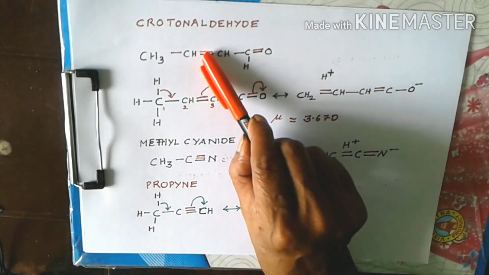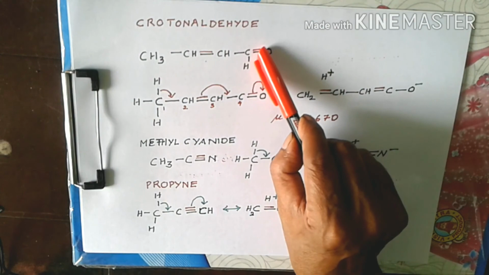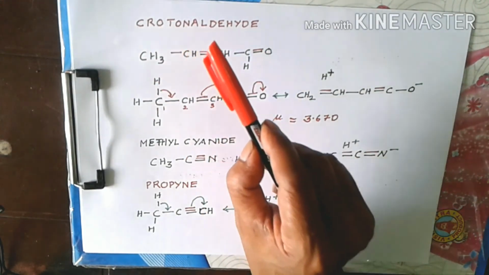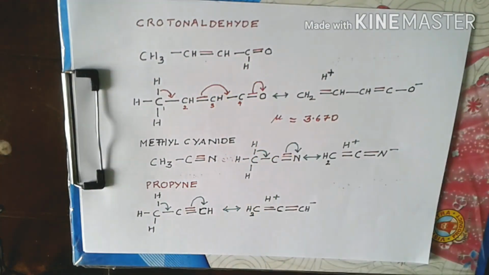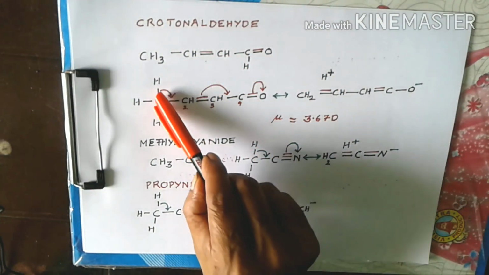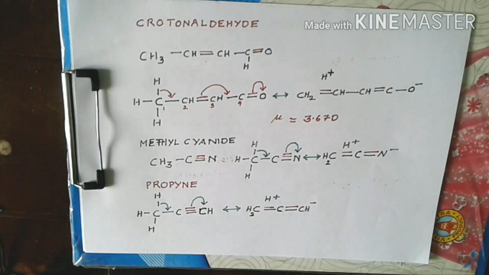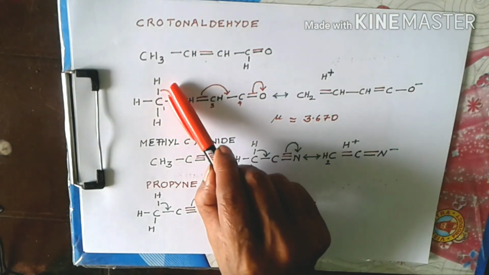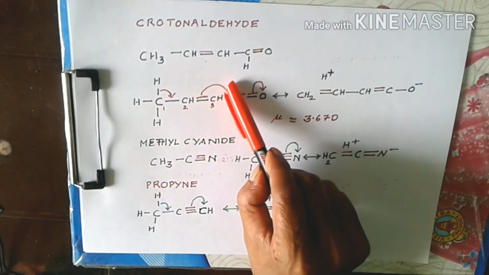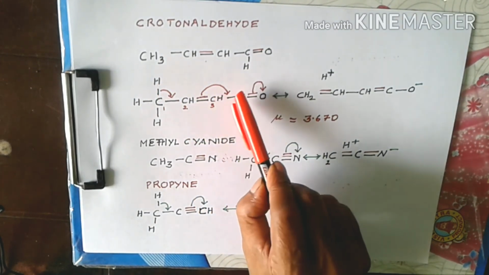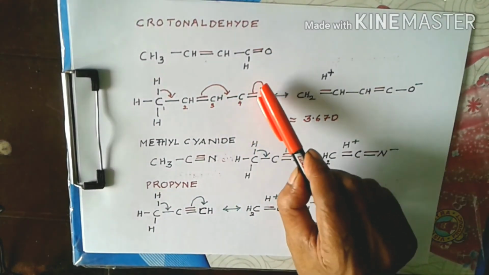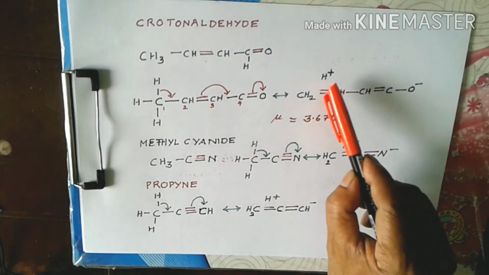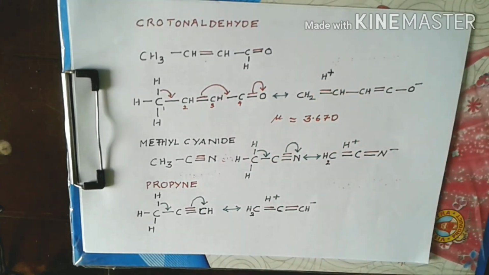And this pi bond or double bond and this double bond are conjugated, and the CH bonds here are conjugated to this conjugated system, so that extended conjugation can occur. Length of conjugation increases here, so the CH bond shifts in this direction, this bond shifts in this direction between carbon 3 and 4, and this pi bond shifts over the oxygen atom, giving it a negative charge, so we have H positive and O negative.